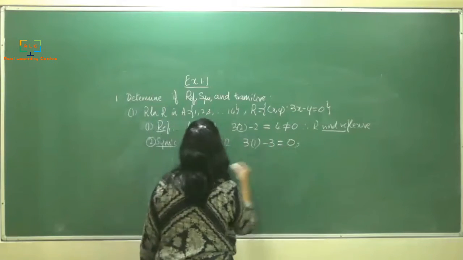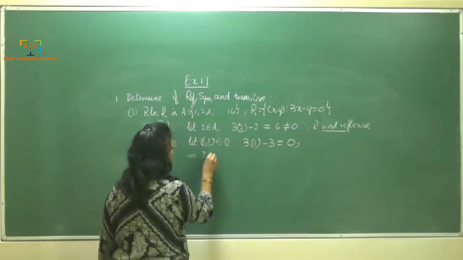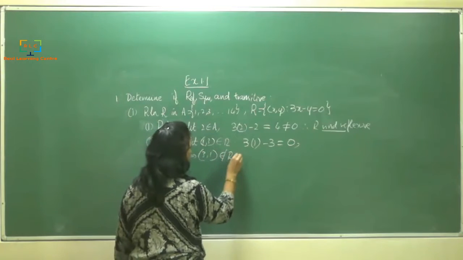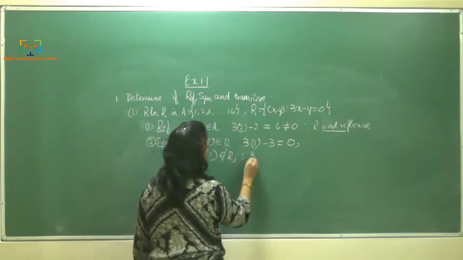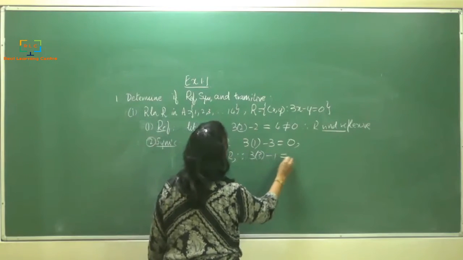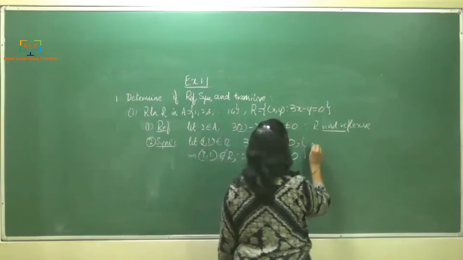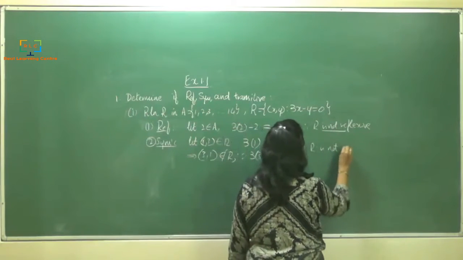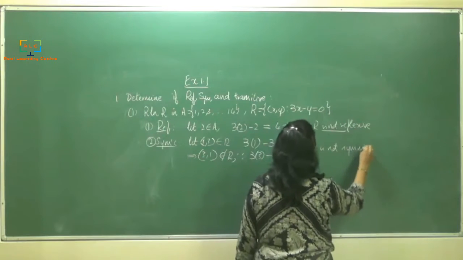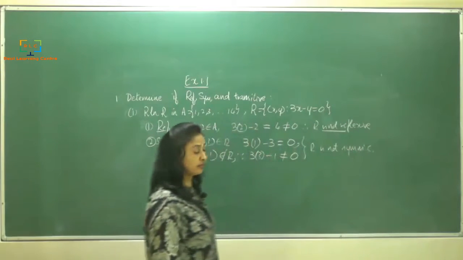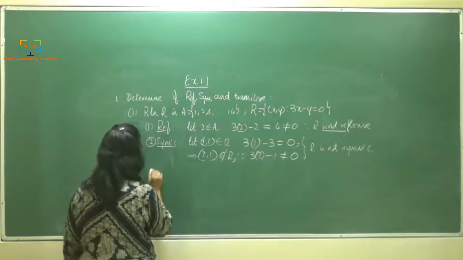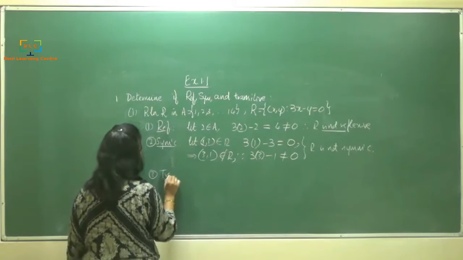Now this implies (3, 1) does not belong to R, because 3 into 3 minus 1 is not equal to 0. So R is not symmetric.